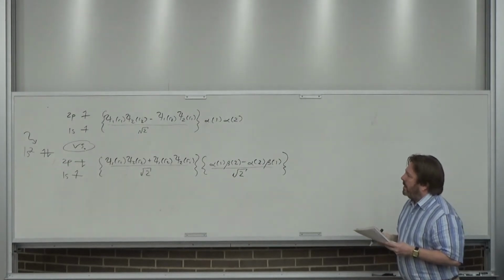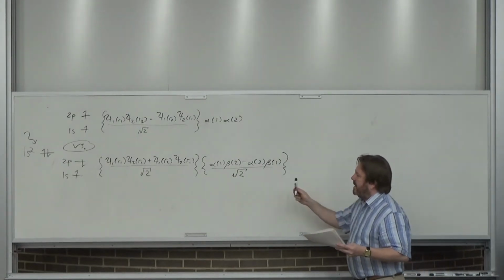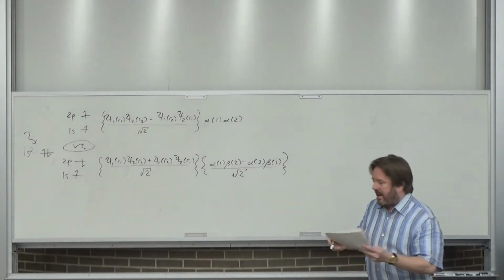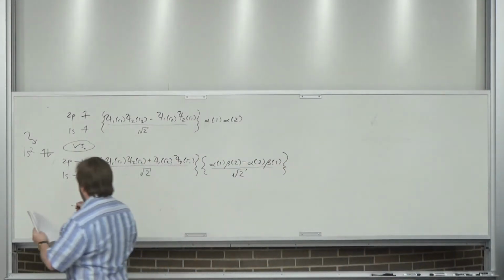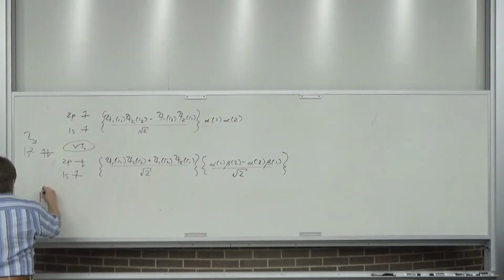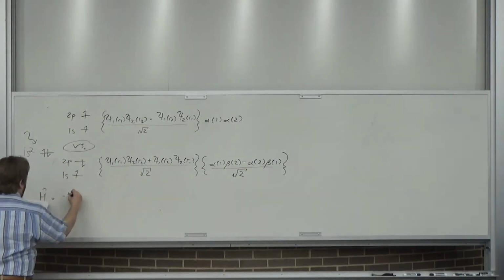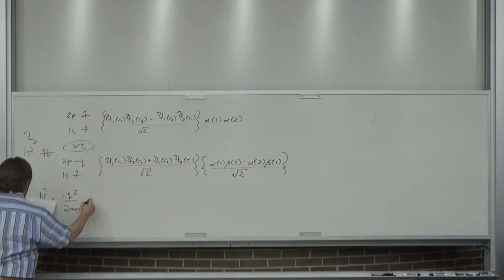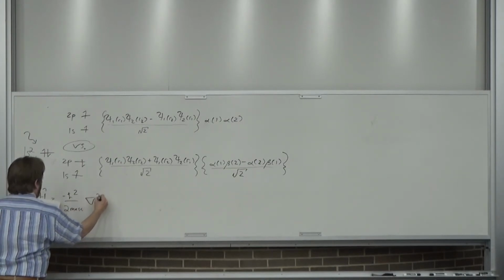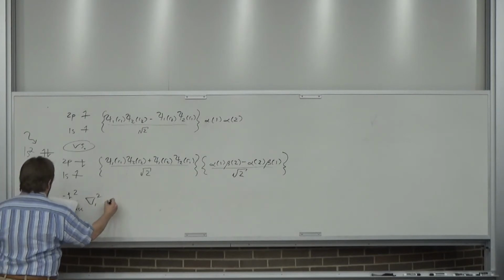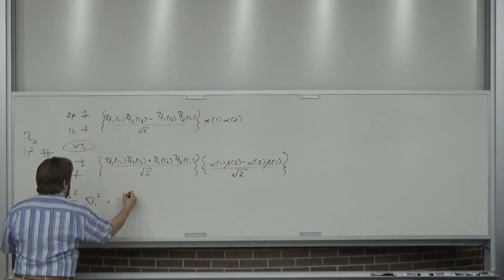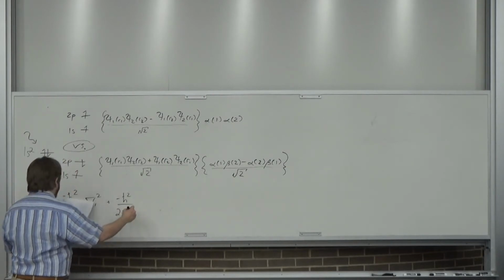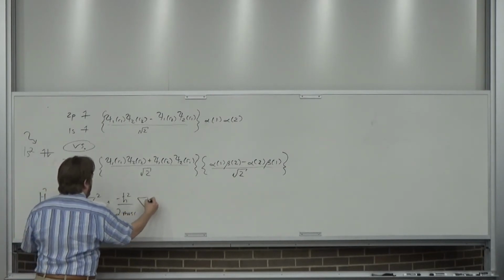Okay, so there you go, and now what I need to do is calculate the energies of these two states. Now the Hamiltonian is what I wrote last time, more towards the beginning of class. Let me tell you, I'm going to write all this out, and it's going to be kind of painful. On an exam I can write all this out and ask you what the various parts are.